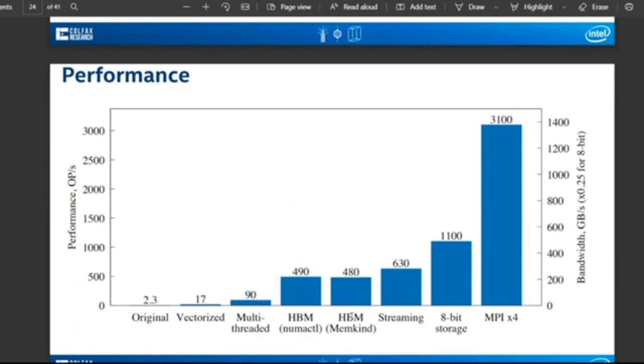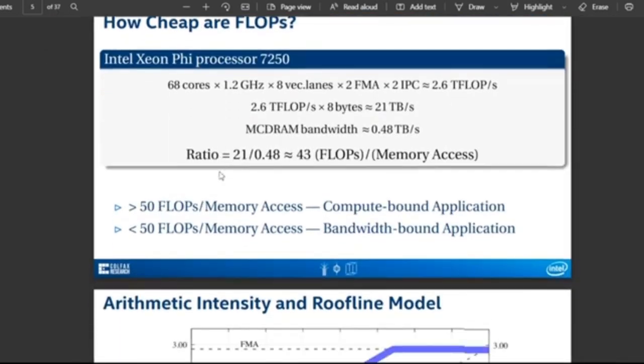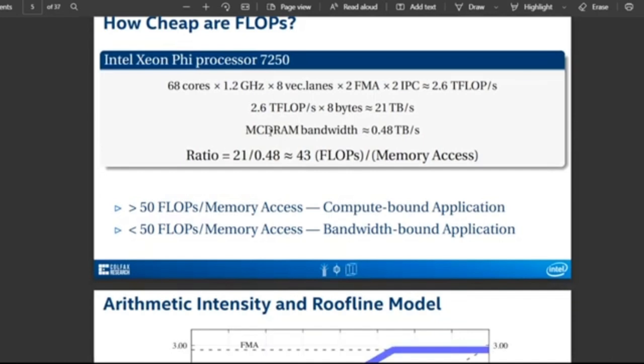Okay, so now we're going to talk about memory management. That's not where we get the real gain, but one thing we have to be aware of is that if we try and do a ratio between the number of flops we're processing per second versus the memory access, this is a ratio of 43.